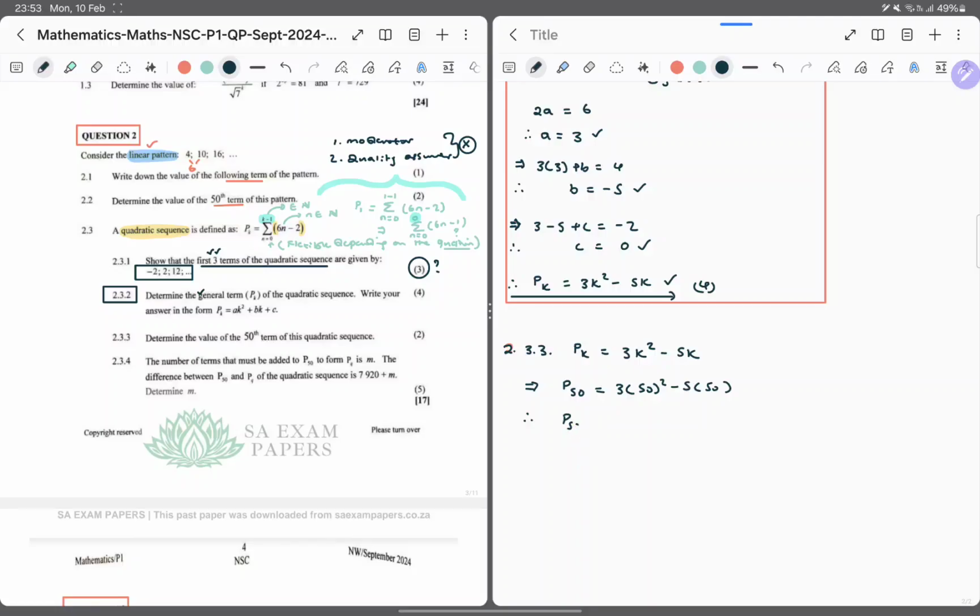Therefore P_50 is 3 into 50 squared minus 5 into 50, which is 7250.